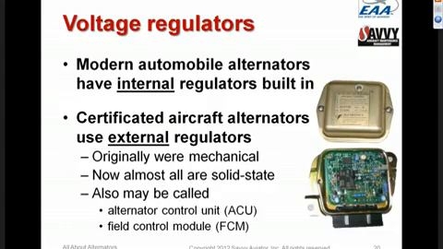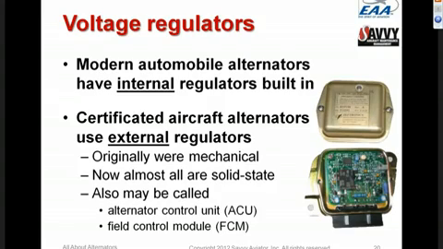It's just a few little solid-state chips that fit right inside the alternator. In all of the certificated aircraft alternators with which I'm familiar, the regulator is external to the alternator. It's a separate part that frequently is mounted on the firewall or something fairly close to the alternator. My airplane, which is a twin, has the regulators actually mounted in the cockpit underneath the co-pilot seat.